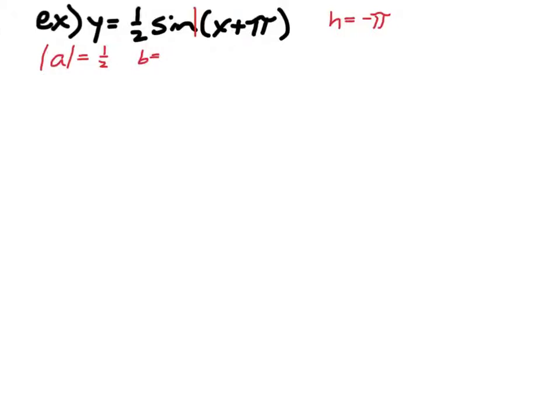If there's nothing written right there, it's just a 1. So the period is going to be 2 pi divided by 1, so 2 pi, with an increment, just like last time. 2 pi over 4 is pi over 2.